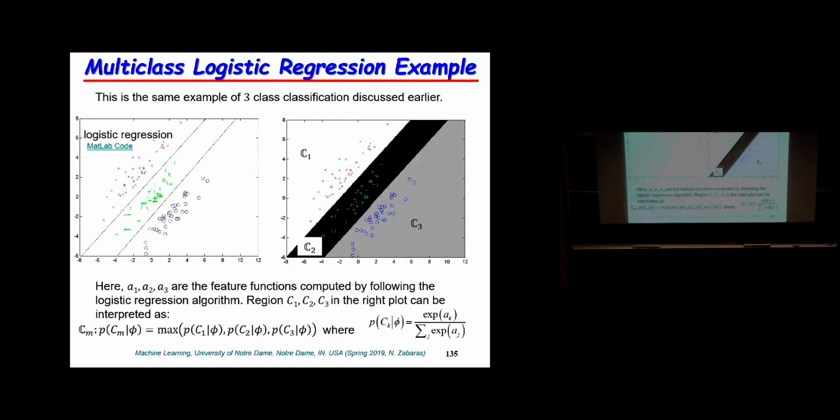This line needs to have the same value, so they need to be the same. So what you need is alpha 1 equal to alpha 2, but alpha 1 is a linear function of x, W1 transpose x, and the other one is W2 transpose x. So that's why you get a straight line. By playing with these posterior probabilities, you can get these lines.